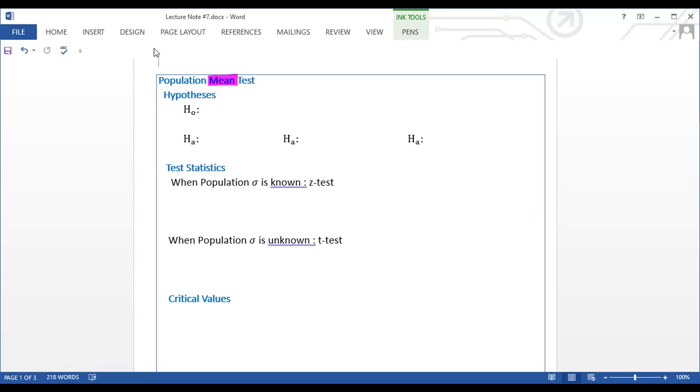Now we start testing hypotheses where we want to know something about the population mean.